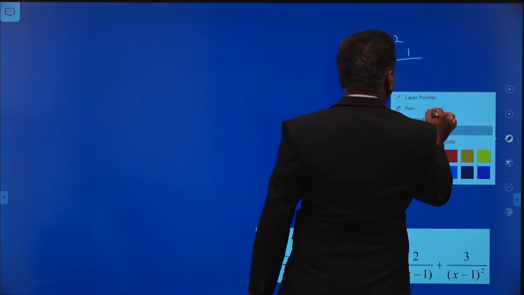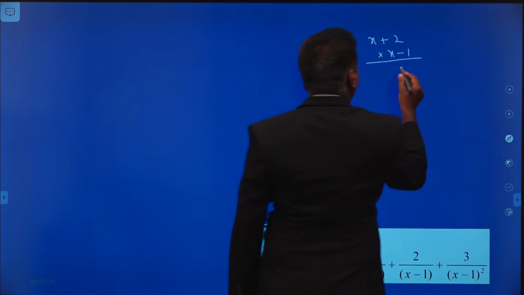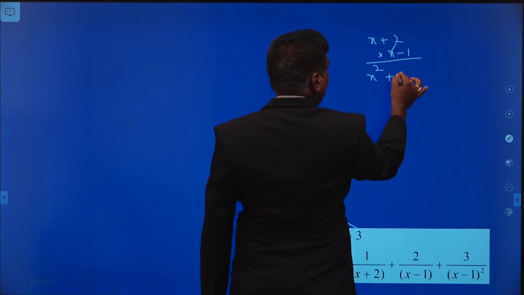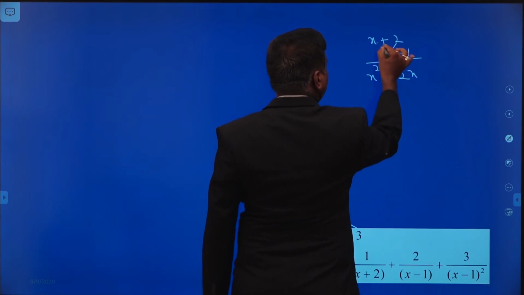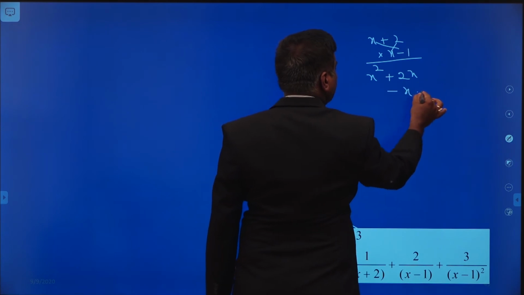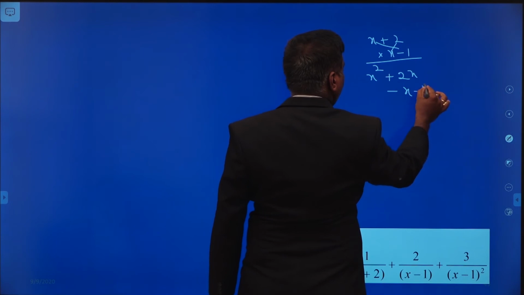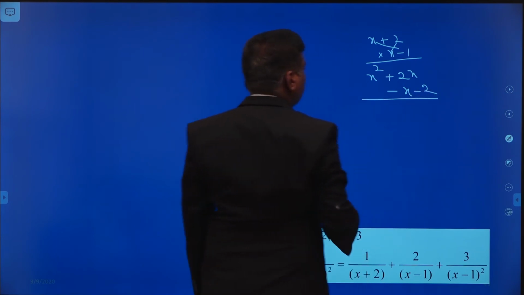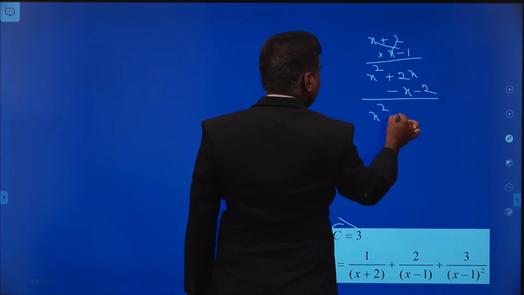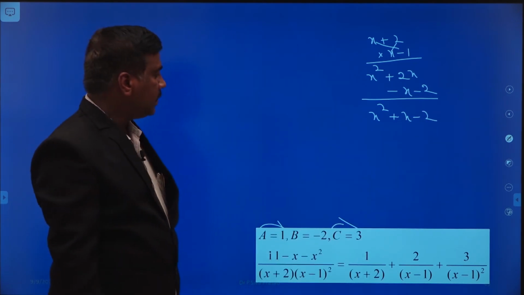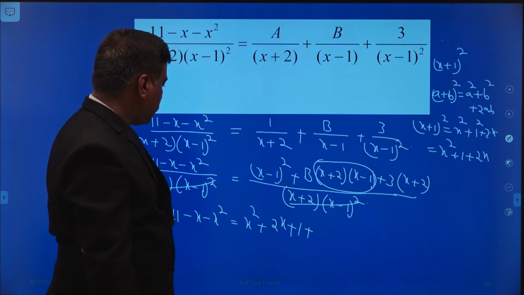Then x times x is x², plus x times 2 is 2x, next minus 1 times x is minus x, next plus 2 times minus 1 is minus 2. Then this is equal to x² + x − 2.